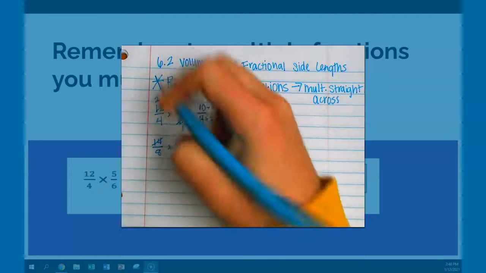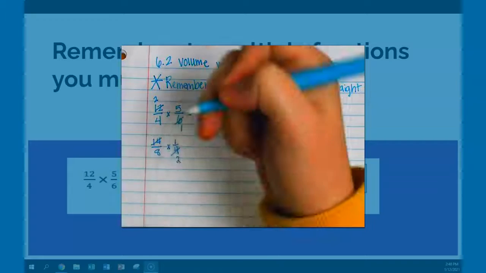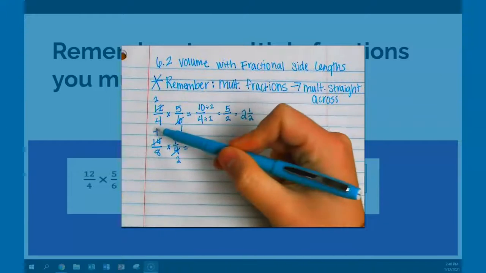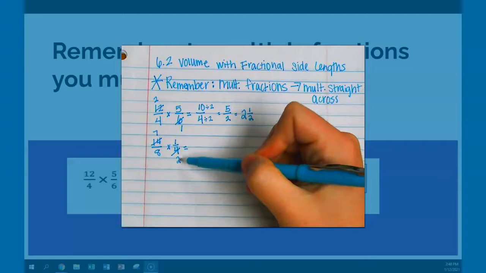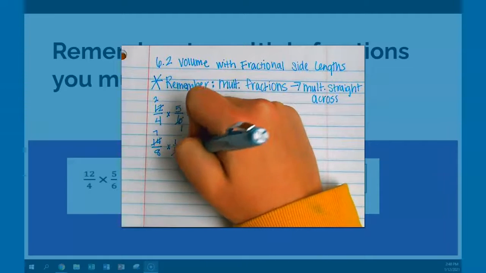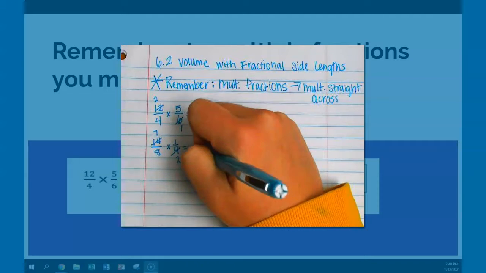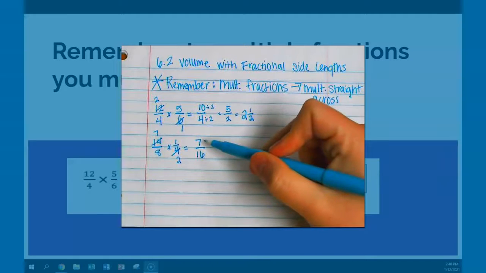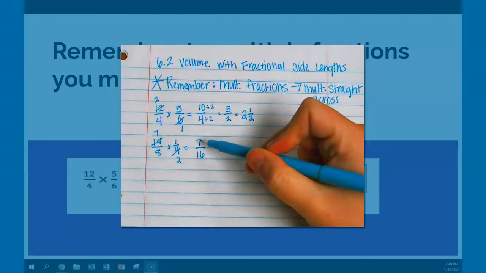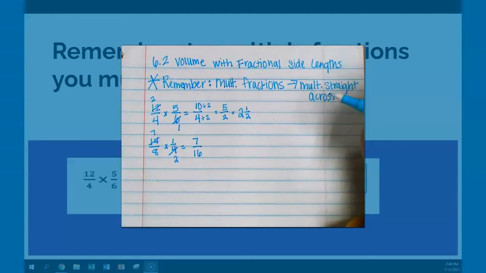So I could divide them both by 2. 4 divided by 2 would be 2. 14 divided by 2 would be 7. So my new problem would be 7/8 times 1/2. 7 times 1, since I'm multiplying straight across, would be 7. 8 times 2 would be 16. 7 is a prime number, which means I can't shrink it down anymore. So 7/16 would be my final answer.